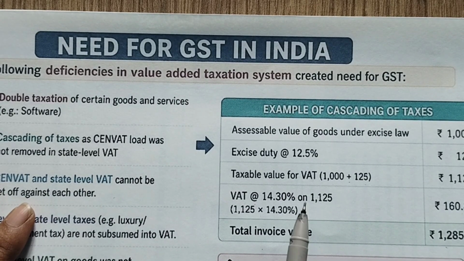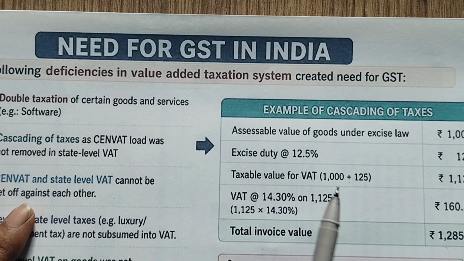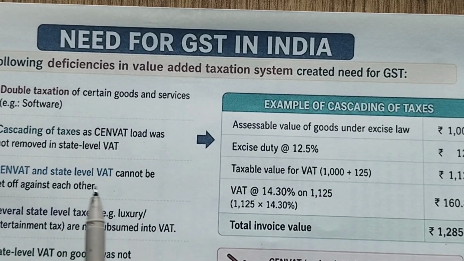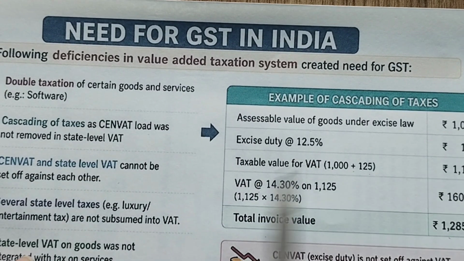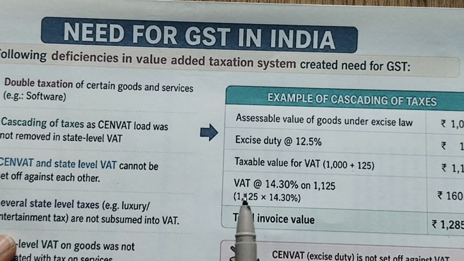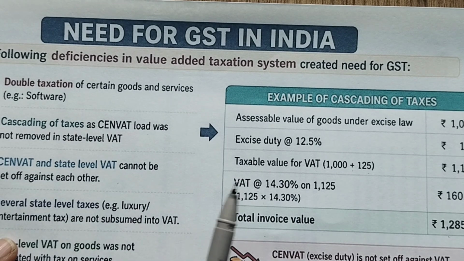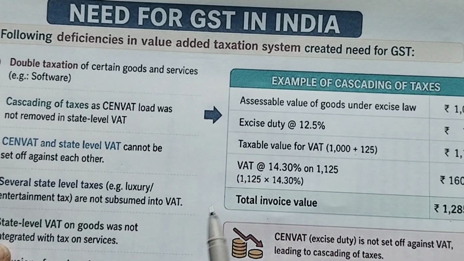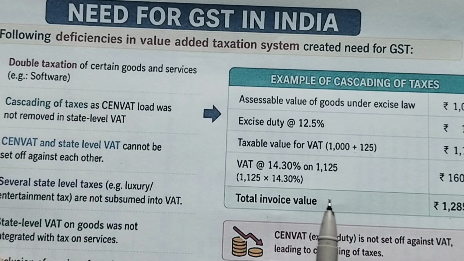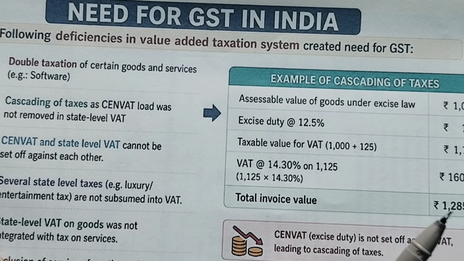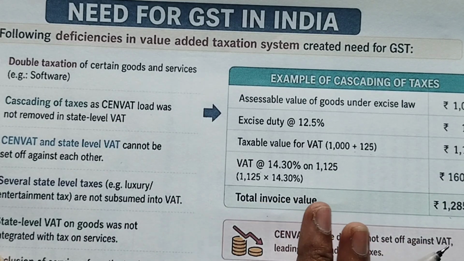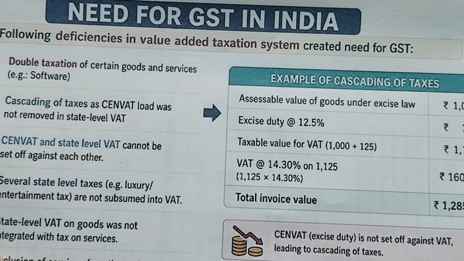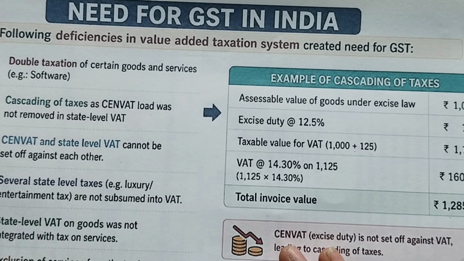This was increasing the final value to the consumer, a higher cost. And you cannot set off against each other. CENVAT and VAT, you cannot set off against each other. Several state level taxes were there that were not subsumed into VAT. State level VAT on goods was not integrated with the taxes on services. The service industry was one of the booming industries, but previously the states were not allowed to collect service tax on some of these services.